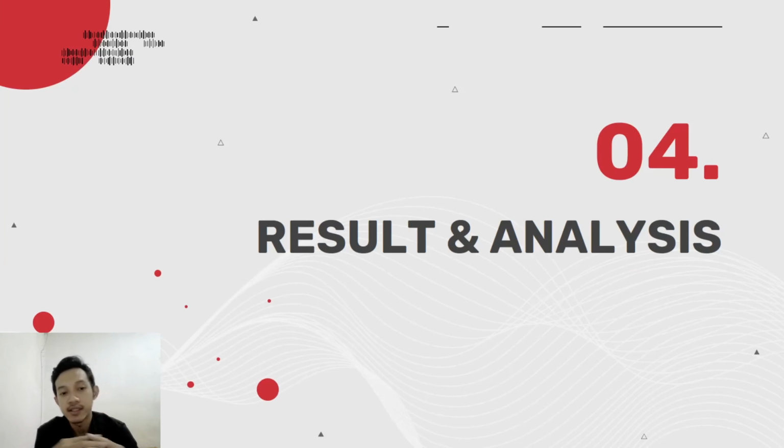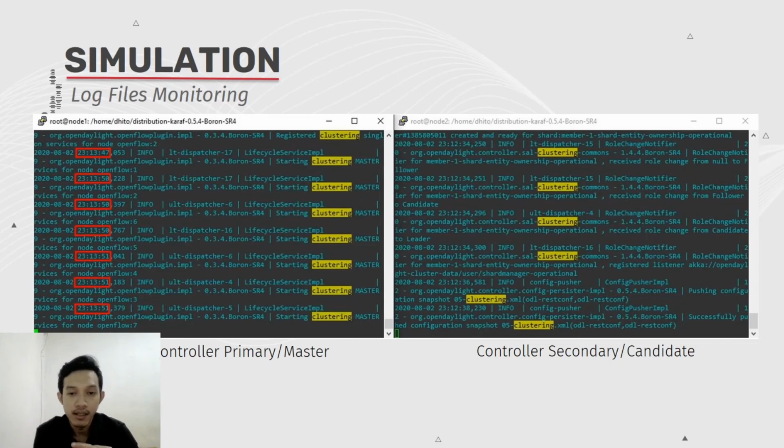Okay, next, result and analysis. It can be seen in the monitoring log files. There is a time indicator that shows the time when the topology was made from Mininet.